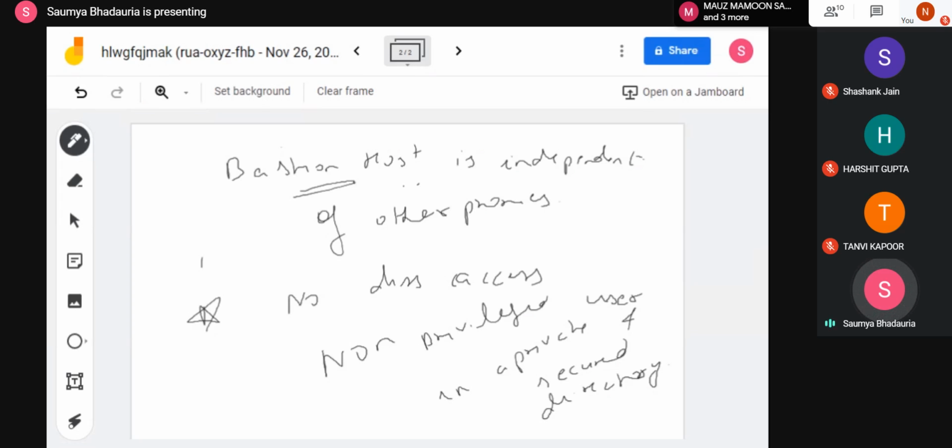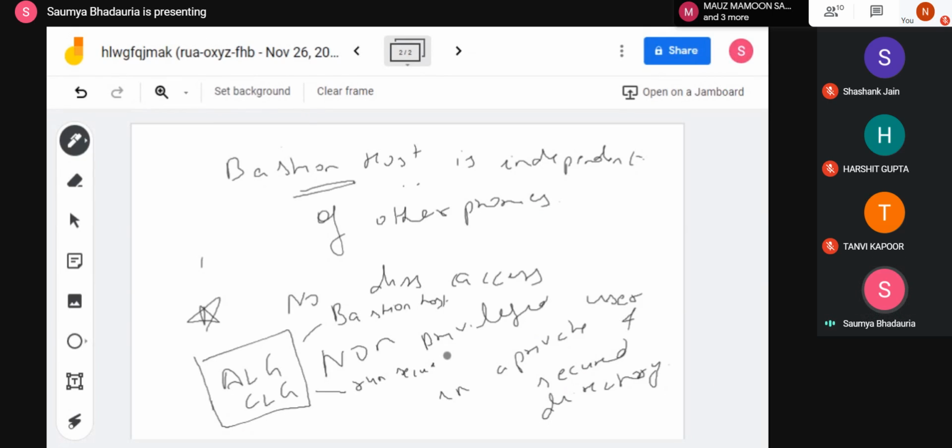So if I want to summarize it, you will say that there is a particular host which can have either ALG or CLG, an application level gateway or a circuit level gateway. This system would be referred to as a Bastion host. This would only run a secure OS. Okay.